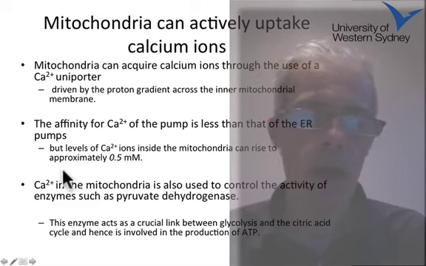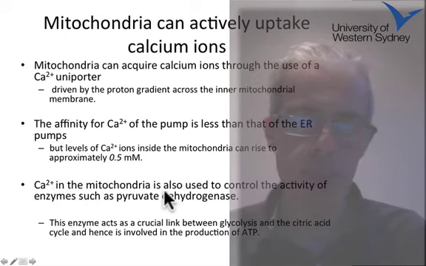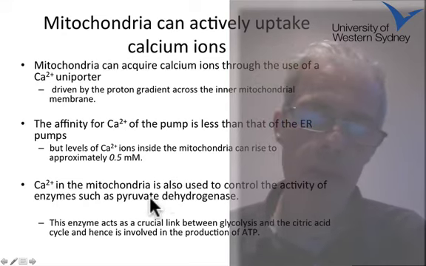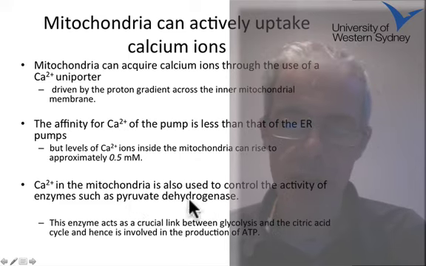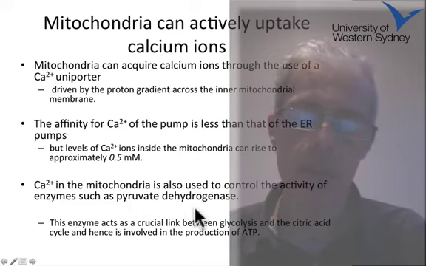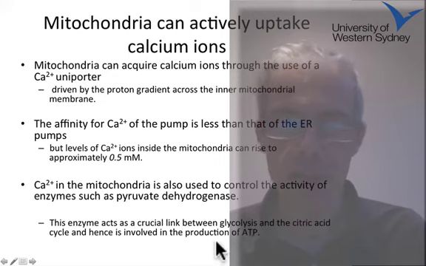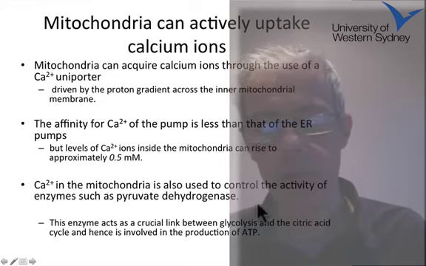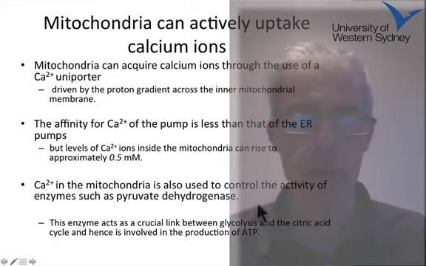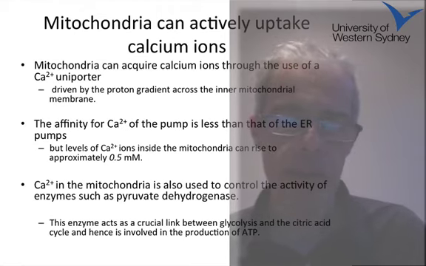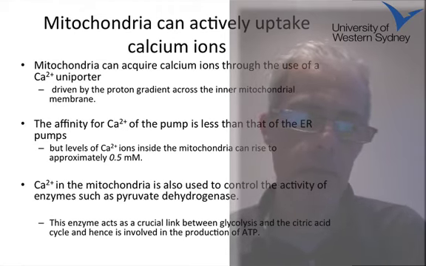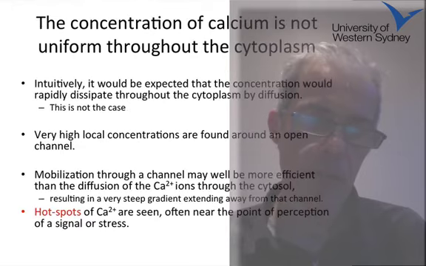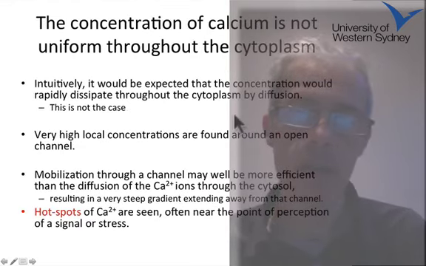High calcium ion concentrations in the mitochondria also control the activity of pyruvate dehydrogenase, an enzyme involved in the metabolism of sugars to produce ATP. So there's some crosstalk between the generation of ATP and calcium ion concentrations, which is important since some of these pumps for calcium ions are ATP driven.